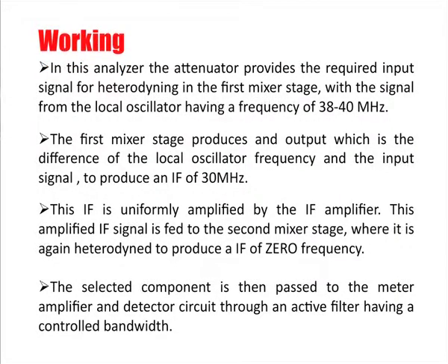Now, again coming to this, the first mixer stage produces an output which is the difference of the local oscillator frequency and the input signal, which produces an IF, and this IF, as said earlier, is the whole band of frequencies.